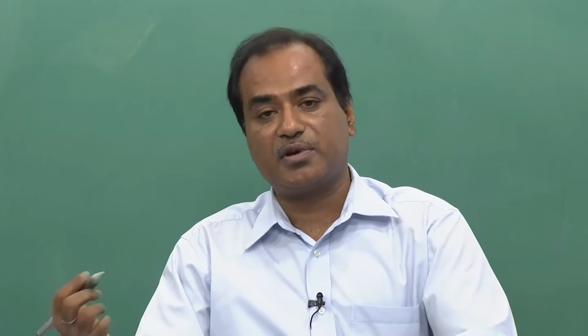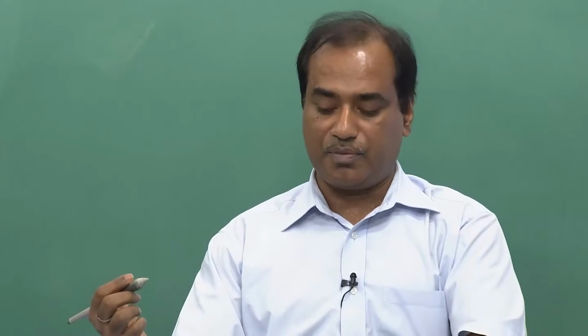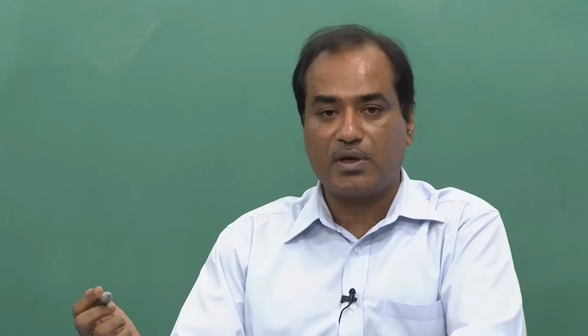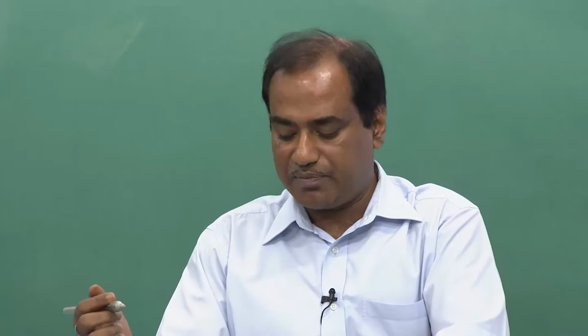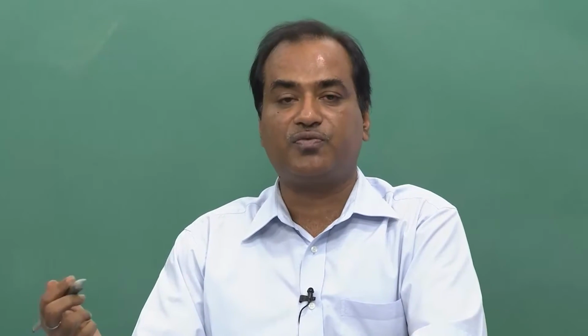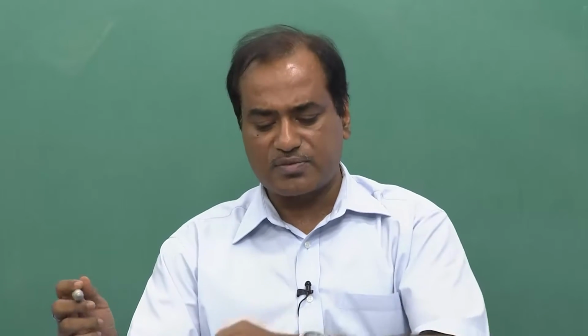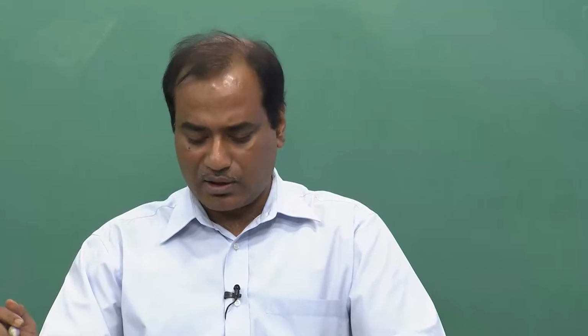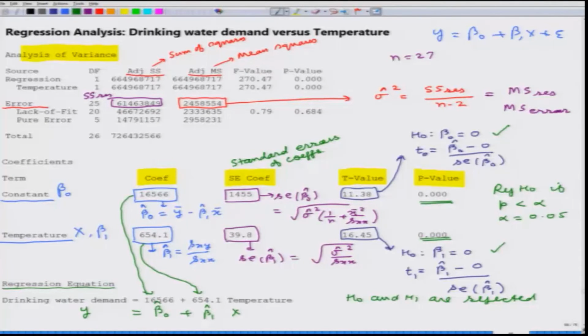Right. There are some other options to compute the confidence interval also. So, they can also be obtained, and based on that we can also find the confidence intervals for beta 0 and beta 1. But at this moment, since we are simply starting, we are not considering it here.